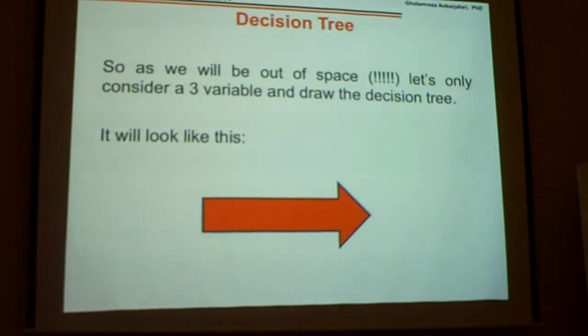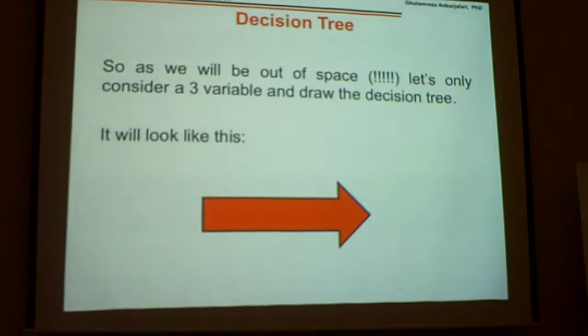So A1 can be true or false. If it is true, I will look at A2, which can be true or false. If A2 is true, I have to look at A3, which can be true or false. But if A2 was false, I would still look at A3, which can be true or false.